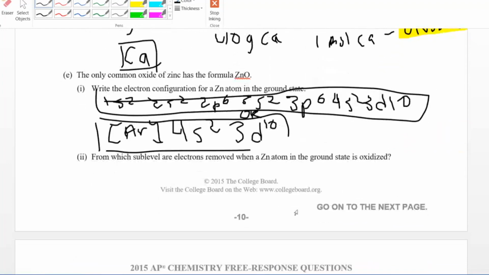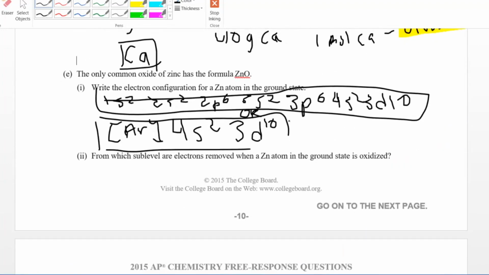Your first move might be to think, oh, we'll remove from the d sublevel. That's not correct. We remove first from the 4s sublevel, so the electrons being removed are from the 4s sublevel. And that is the answer.